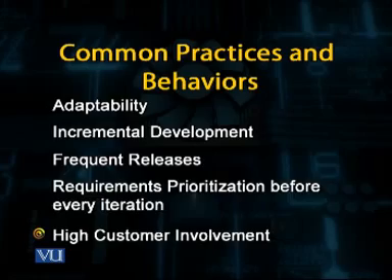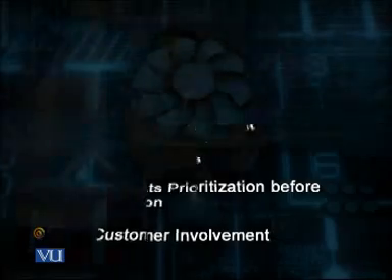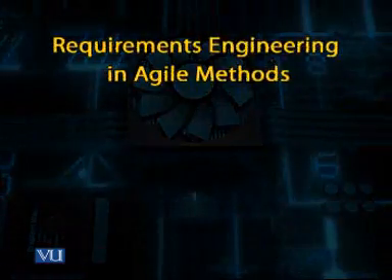Agile methods cannot work, and they will not work, if there is any reservation on the part of the involvement of the customer. And we'll see what kind of customers these approaches have, and also what kind of authorities these methods require a customer to have.